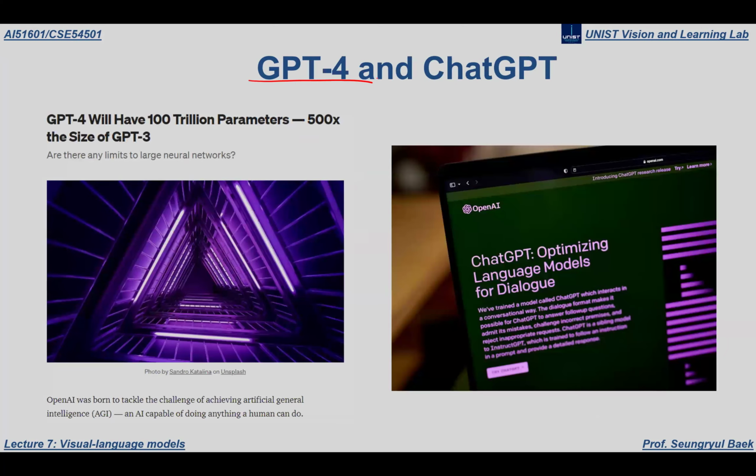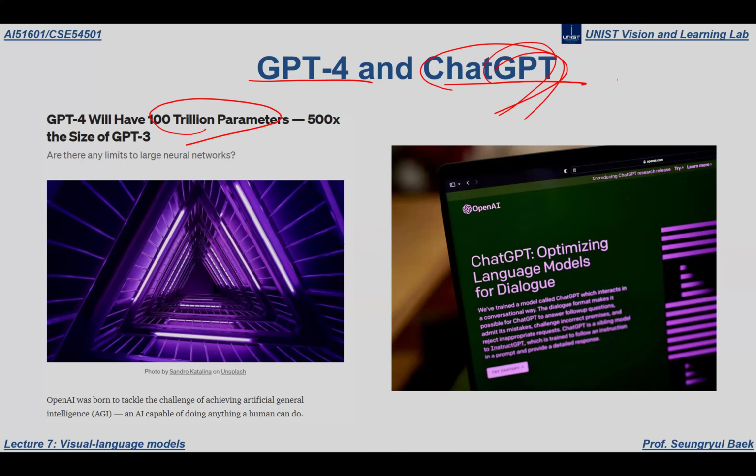GPT-4 even has more parameters compared to GPT-3, and the recent version of GPT-4 has more parameters still. We are now experiencing that ChatGPT, the chatting application of GPT, is one specific subtask that GPT can do.